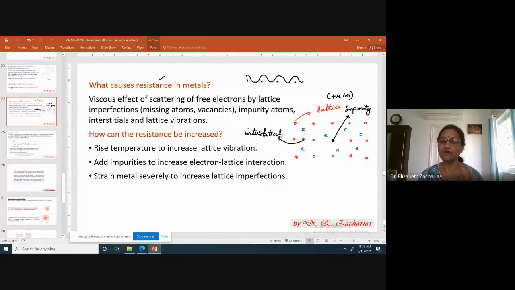Okay, so a material which is pure should not have as many collisions as a material that is impure. So impurity atoms are one of the reasons for resistance.